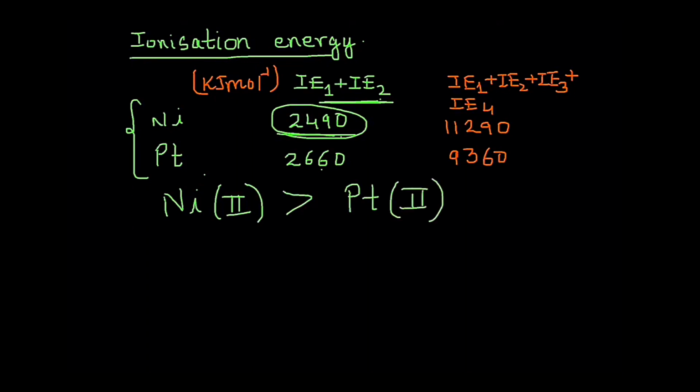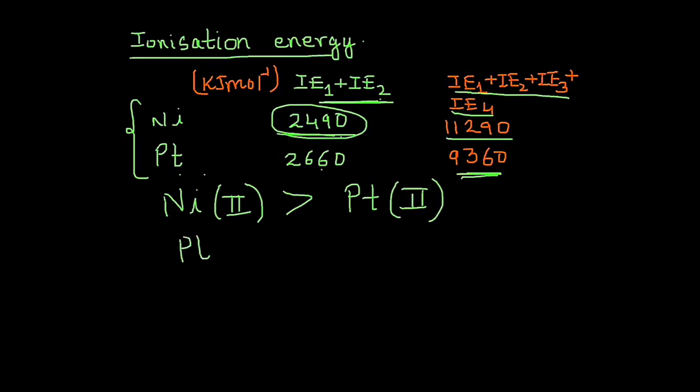oxidation state 2. Let's compare the sum of the first 4 ionization energies. That means the amount of energy required to remove 4 electrons from the atom. Now in the case of nickel it is 11290, whereas in the case of platinum it is 9360. Now what is lower over here? Platinum.